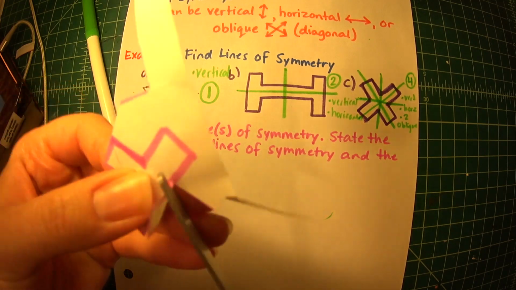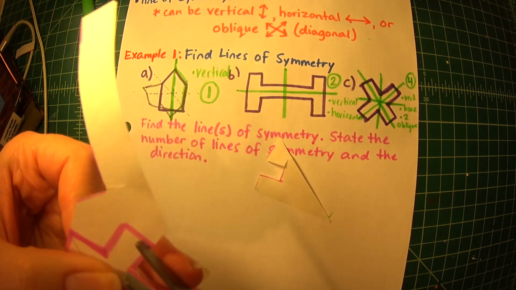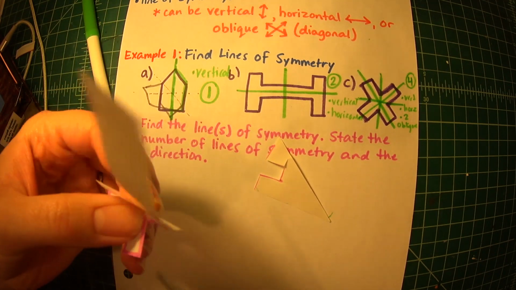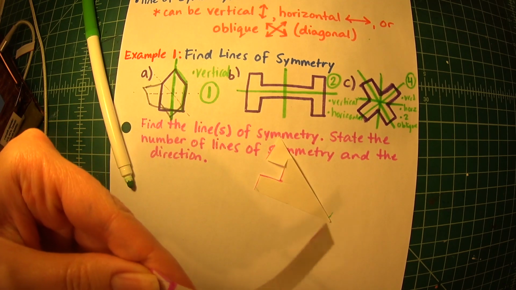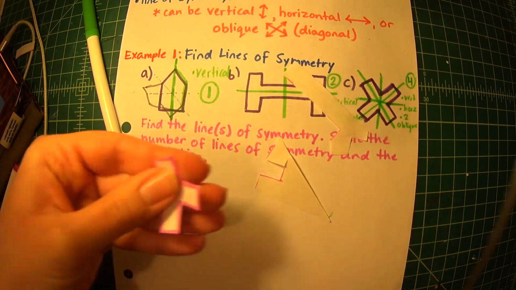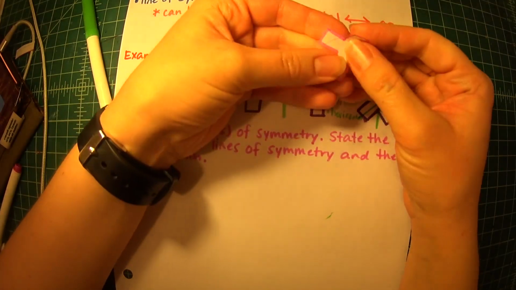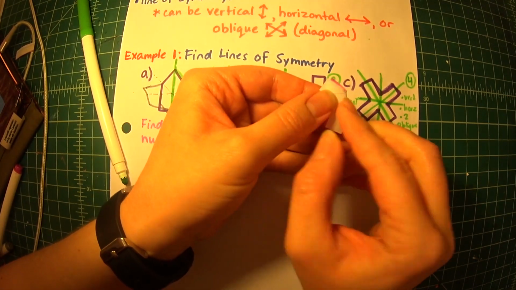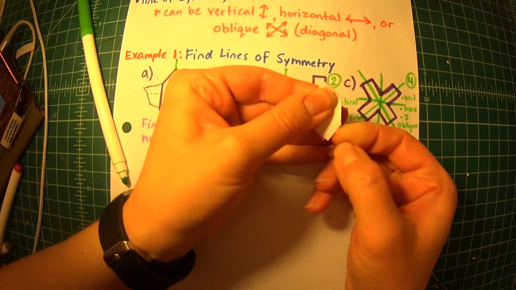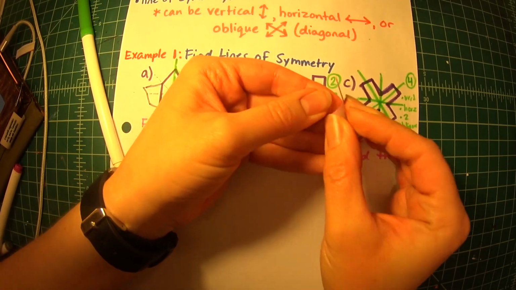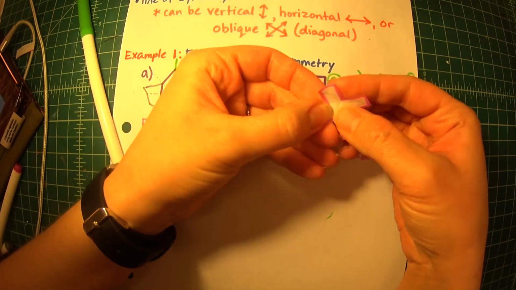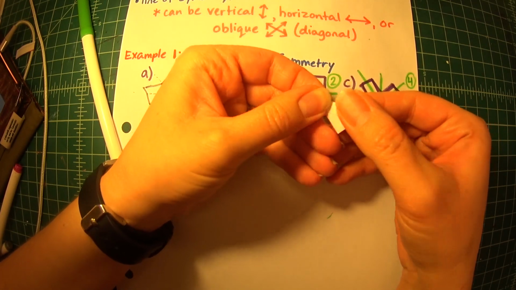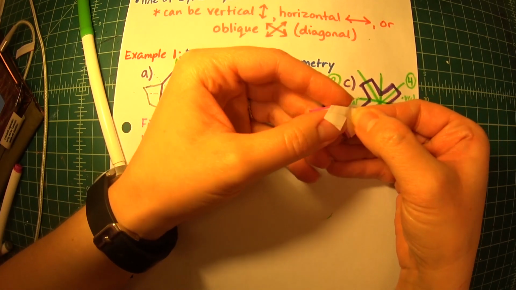So I just want to show you that other than those two oblique lines where we turn it and look at it as like a plus sign, here it is. So vertical matches up. Horizontal matches up.